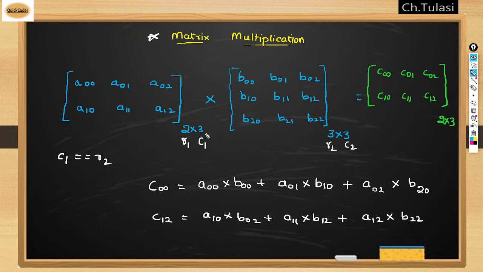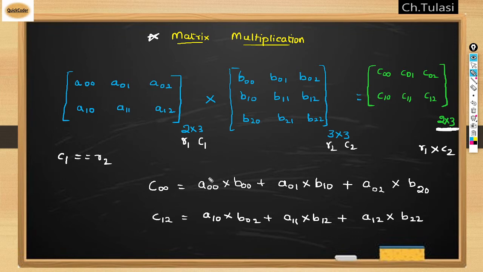I mean these columns should be equal to these rows. Then only we can perform matrix multiplication, otherwise we cannot. And the resultant array will be R1 cross C2, so the resultant array will have rows R1 and columns C2.